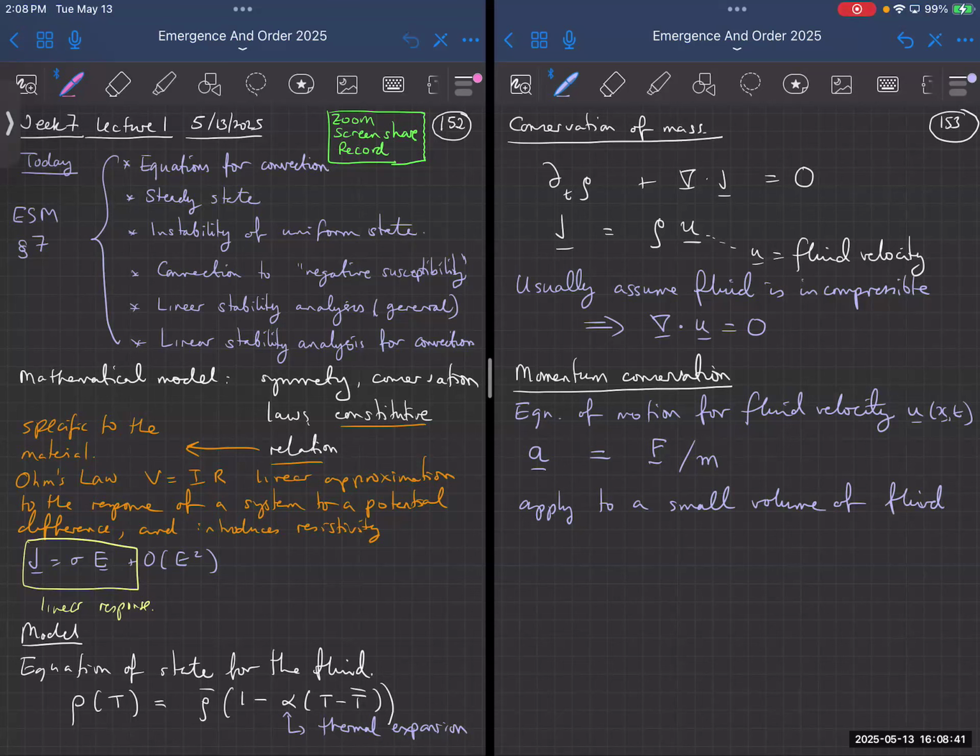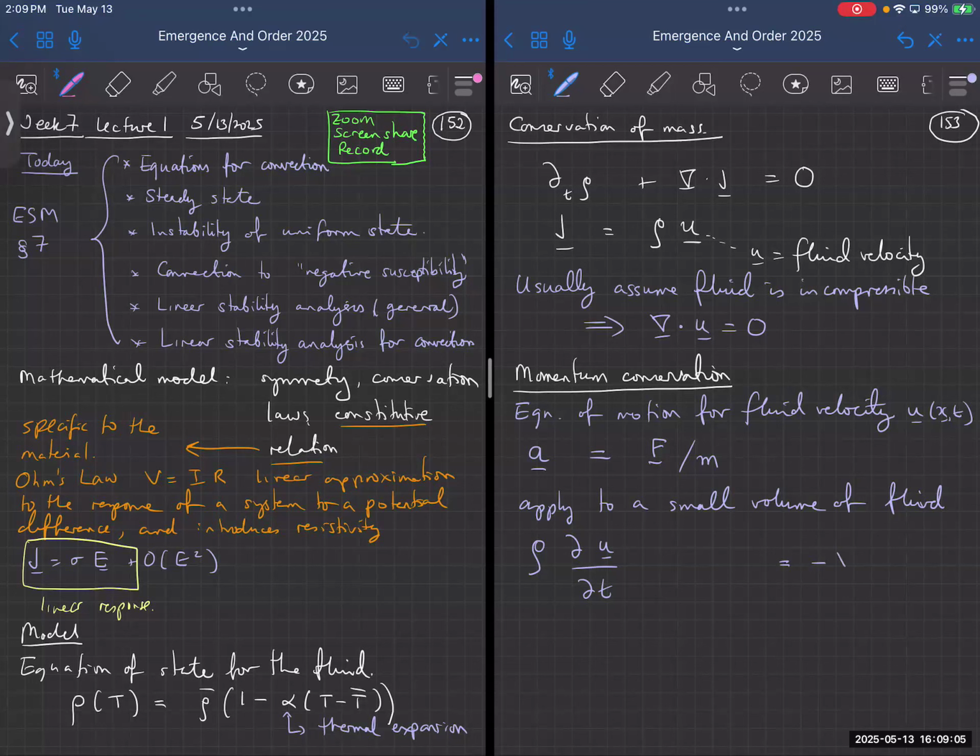And the equation we're going to end up with is this. m times acceleration is equal to the force. If we're looking at a small volume, then the mass is just the density times the volume. So it's going to be rho times the acceleration, which is du by dt. And then that is going to equal the force per unit area.